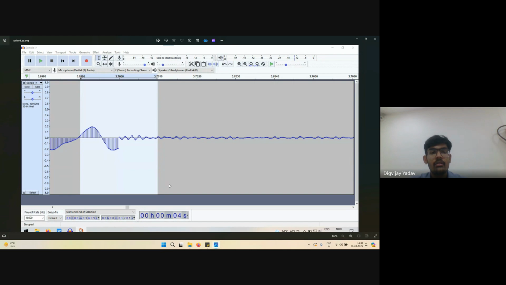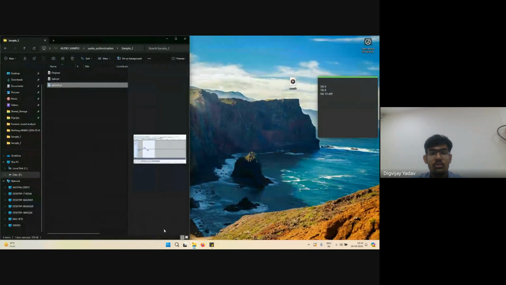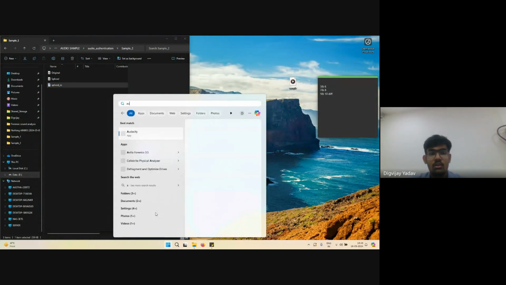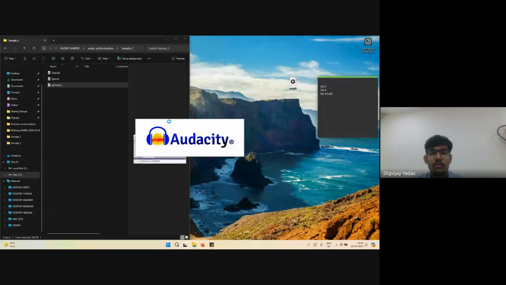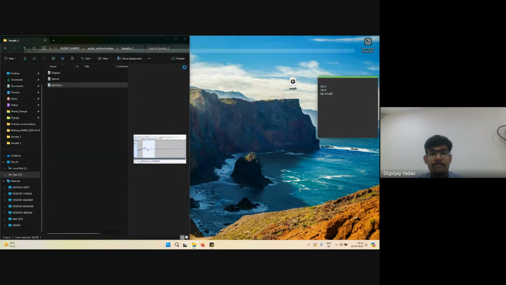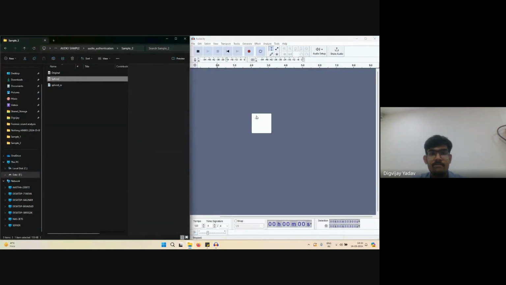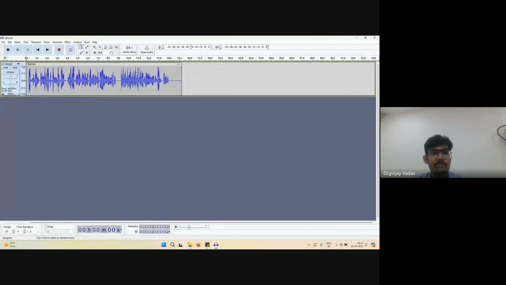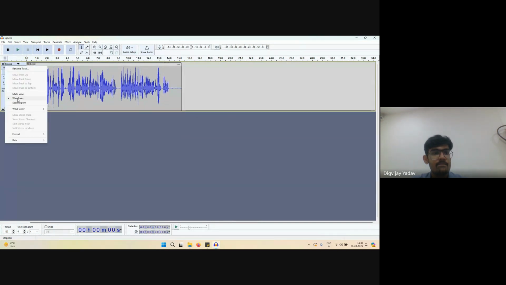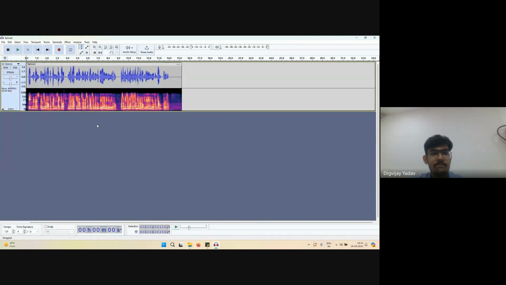So this is an example where the audio has been spliced. This means that it is either inversed or not. So in Audacity, if you open the specific audio, we'll be seeing very unique fringes.